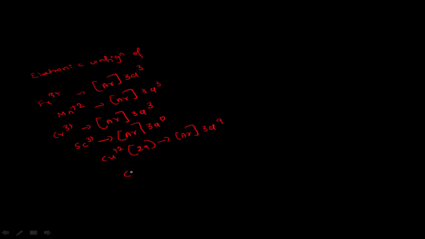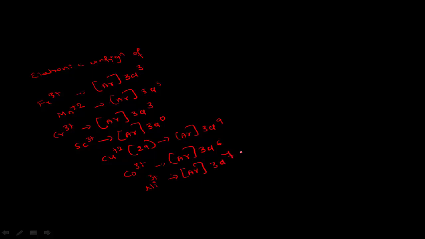Similarly, cobalt, Co3 plus: cobalt atomic number is 27, therefore its electronic configuration is argon 3d6. And nickel, Ni3 plus: atomic number of nickel is 28, so argon 3d7.